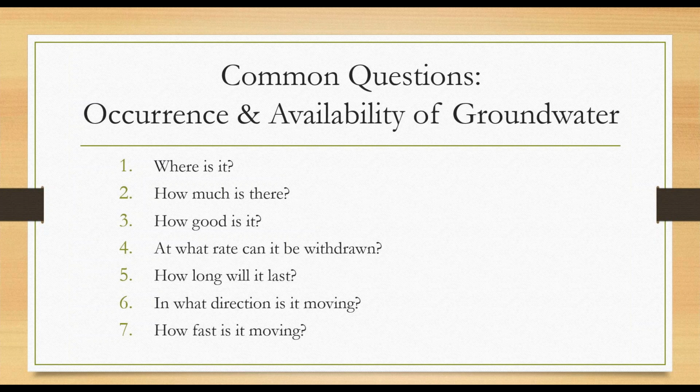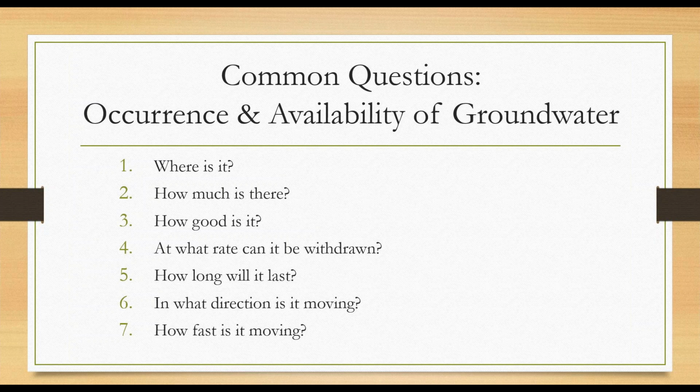Similar to the previous question, to answer this question, you need to know long-term trends, long-term recharge, or hydraulic properties of the aquifer so that you can assess how long your resource will last. Another common question is, in what direction is my water moving?